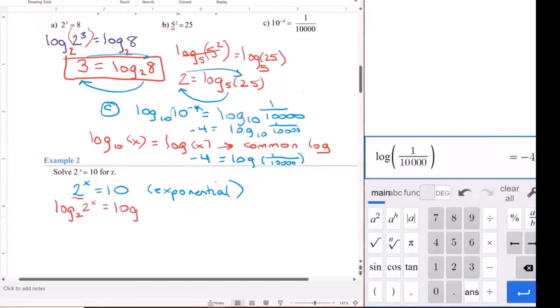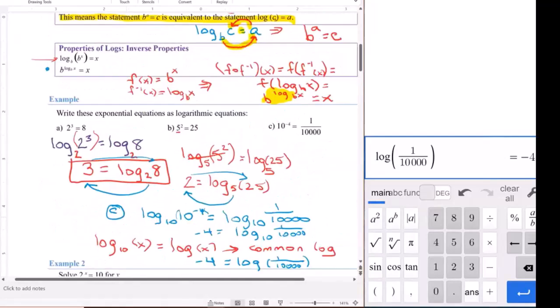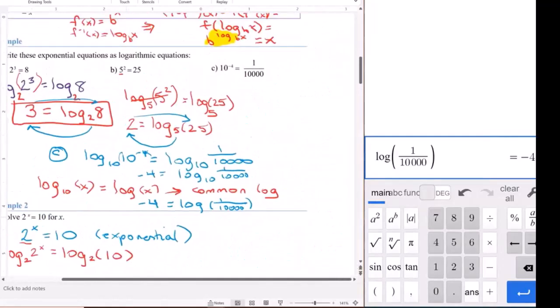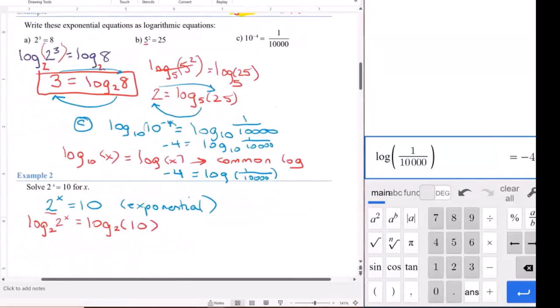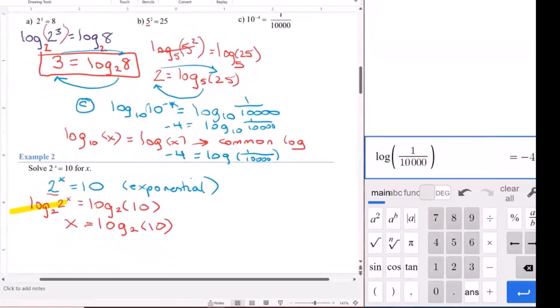Log base 2 of 10. According to my top formula, I can cancel this with this, and I end up with x equals log base 2 of 10. I cannot put that into the calculator. We need another formula called change of base formula, and we haven't learned it yet, so I'm not going to use it yet.